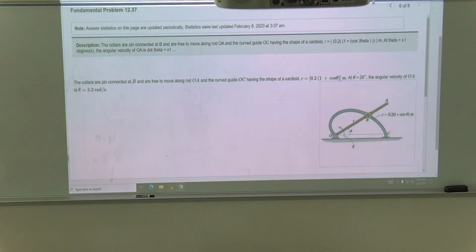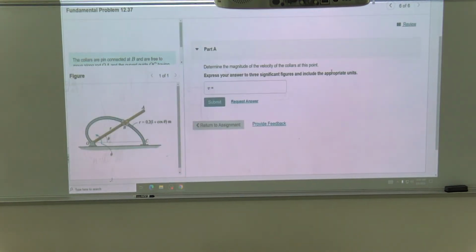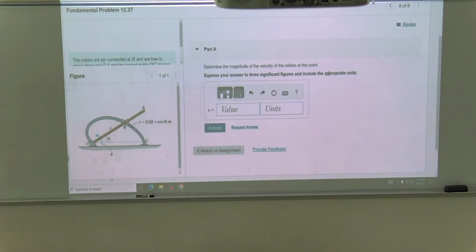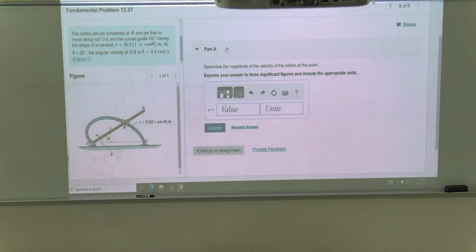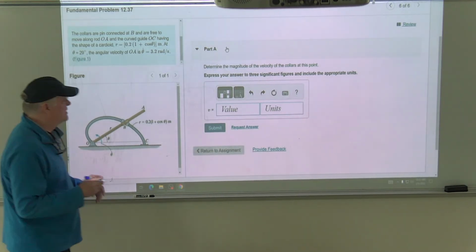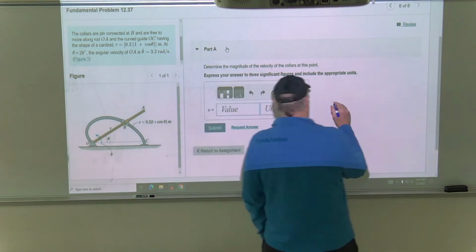Wait, okay. Was there? So it was that one. But did I finish it? We got pretty close to finishing it. Okay. I thought I finished that. How we were supposed to get theta dot and r dot, and then how we use that one equation and plug everything in. So we got pretty far.